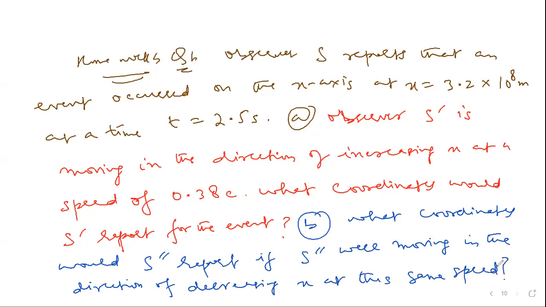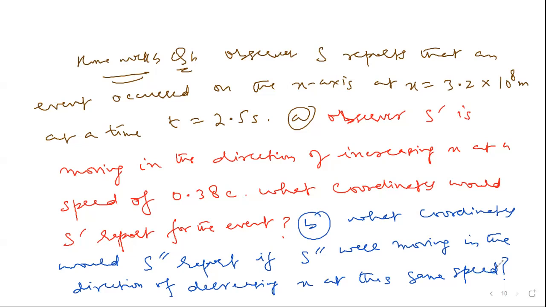I will repeat the question. Observer S reports that an event occurred on the x-axis at x equals 3.2 times 10 raised to 8 meters at a time t equals 2.5 seconds. Part A, observer S prime is moving in the direction of increasing x at a speed of 0.38 c, where c is the speed of light in vacuum.